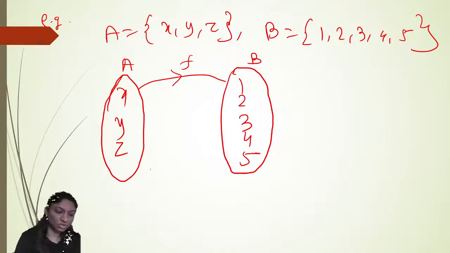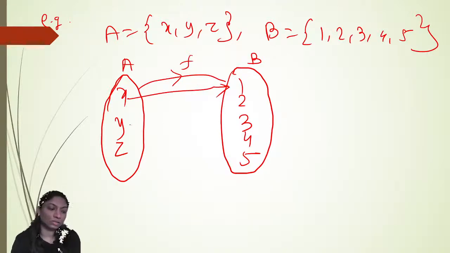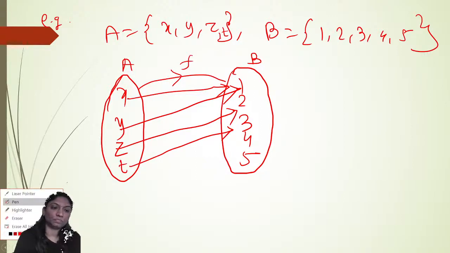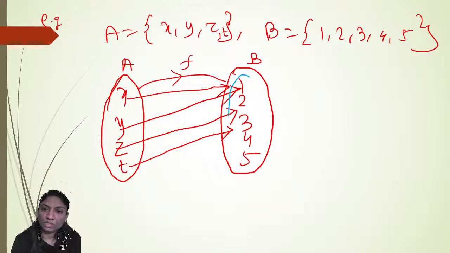So what is the range of f? So if every element of A is mapped to some element of B, these three elements are the range of f.